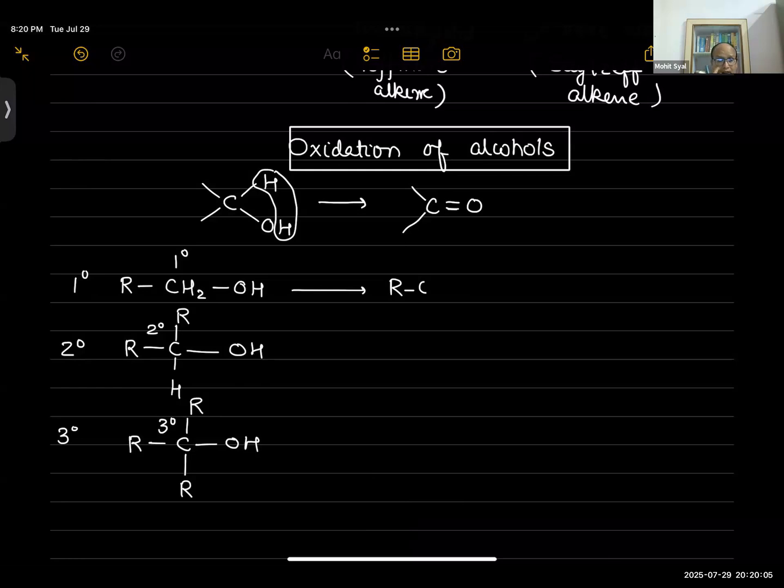You remove H and H. Got it? Mild oxidizing agent or weak oxidizing agent. Is it clear or not? Any doubts in this?